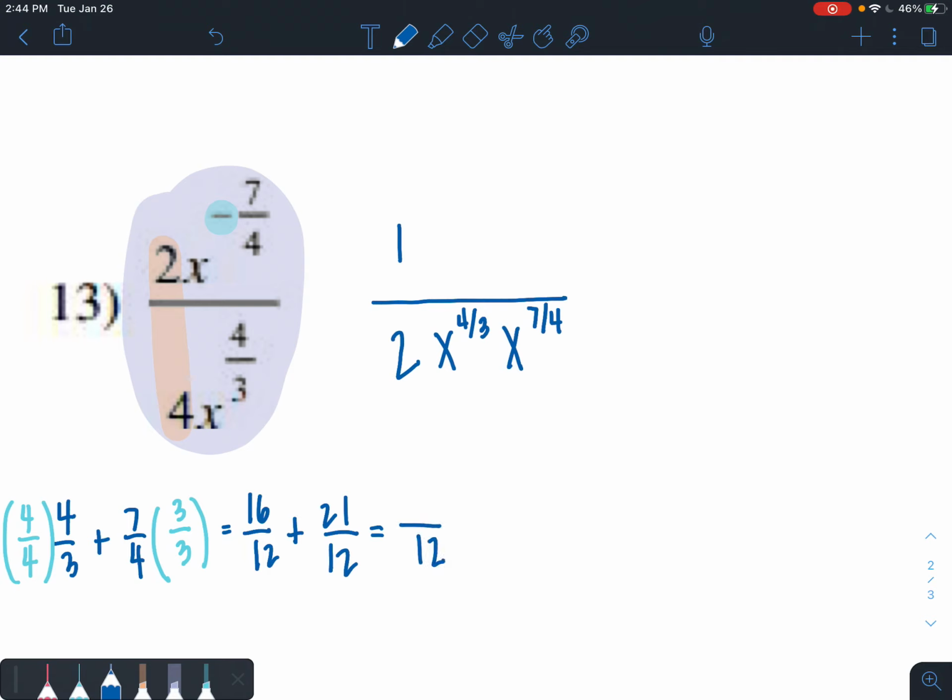We add those together since we have a common denominator and get 37/12. So this is 1/2 x to the 37/12. Not super nice fraction, but that is our answer.